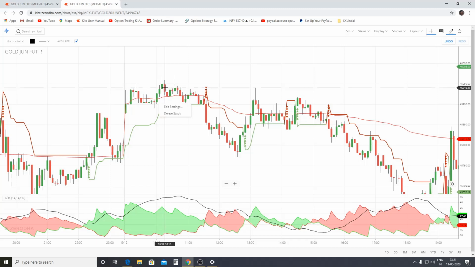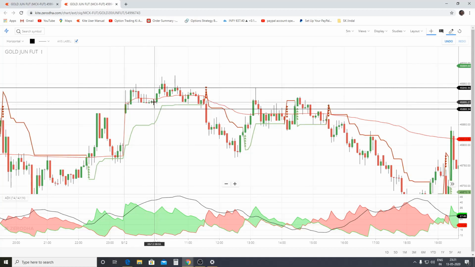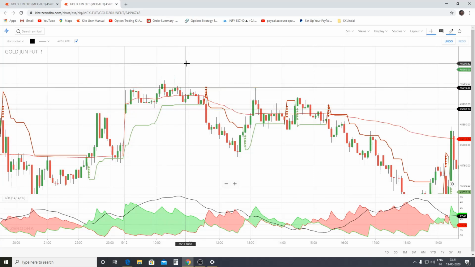So let's say I have taken entry over here, and what my stop loss would be, my stop loss would be around here. This is the cluster of candles and it can be a support. So my stop loss is around 40 plus 12, it's around 52 points. So my target has to be around 52 points.